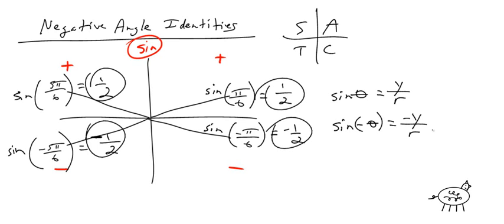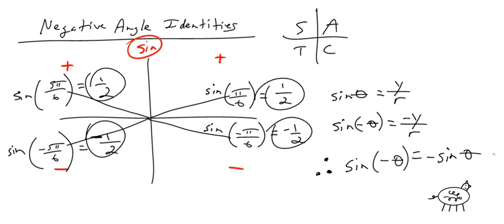So therefore I can declare that the sine of a negative angle is equal to negative sine of the positive angle.